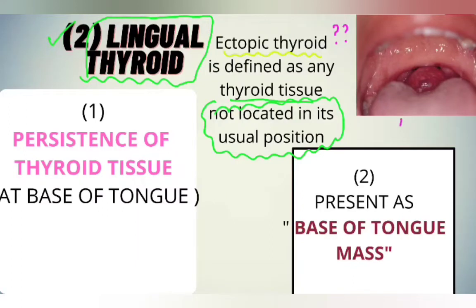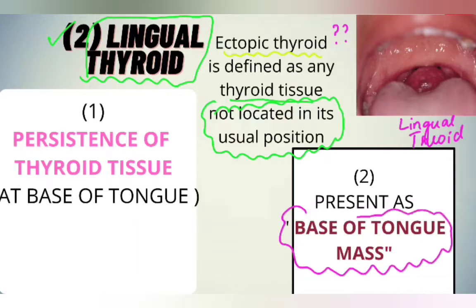Here we can see the lingual thyroid. It presents as a base of tongue mass, and it is the persistence of the thyroid tissue at the base of the tongue.